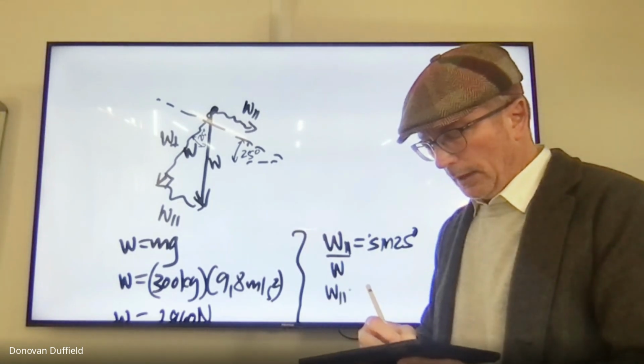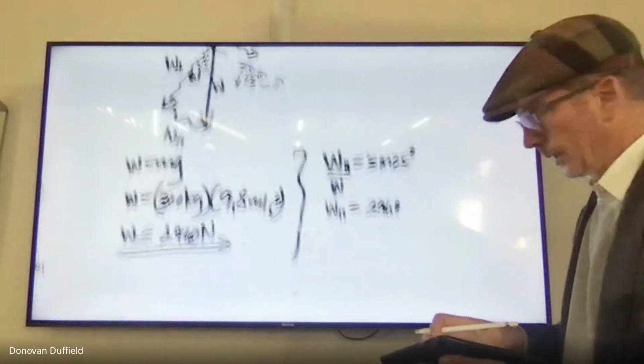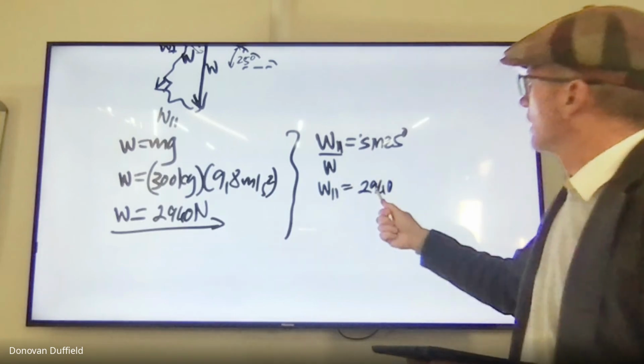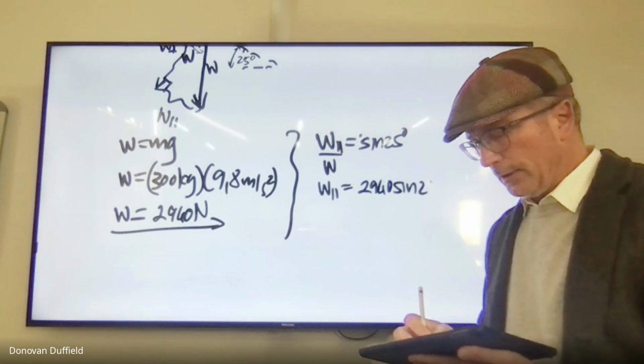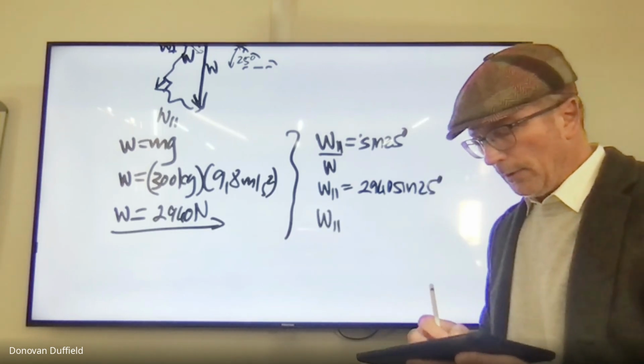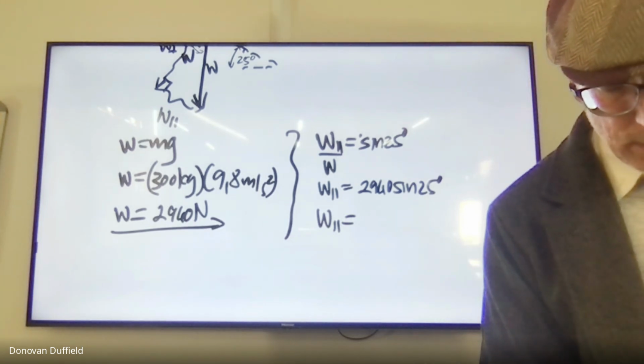So W parallel is going to be 2940, multiply by W on both sides. W is 2940 times sine 25 degrees. So the parallel component of the weight is going to be that times sine 25.